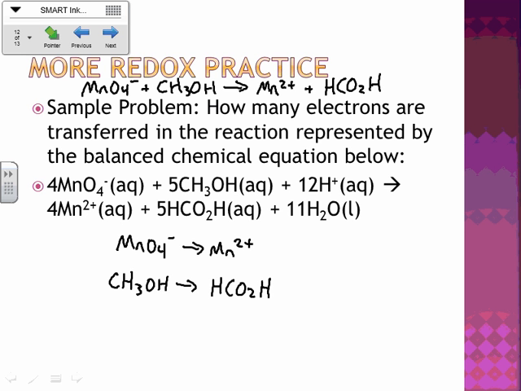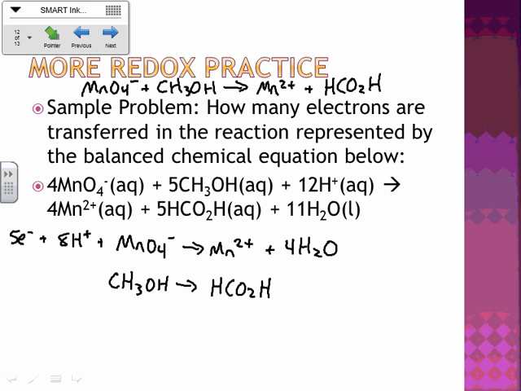All we need to do is know how many electrons total are being transferred between the two. All right? So I'm going to add 4 H2O to this side, and then I'm going to add 8 H plus to this side. Okay? And that's going to leave me needing 5 electrons over here. Actually, we already did this half reaction, didn't we? Earlier in the notes.